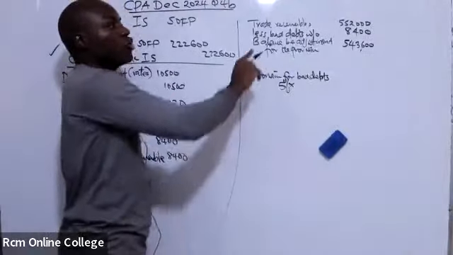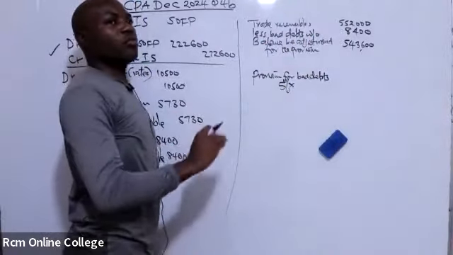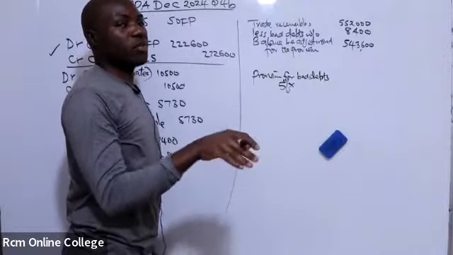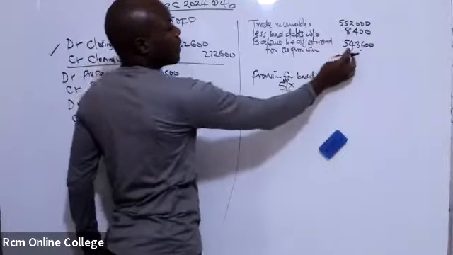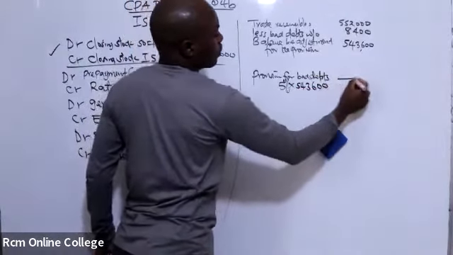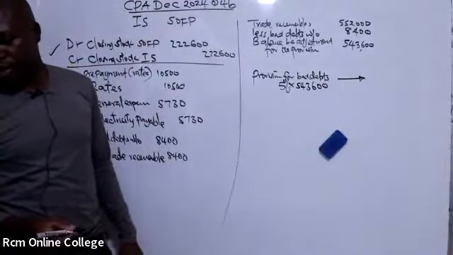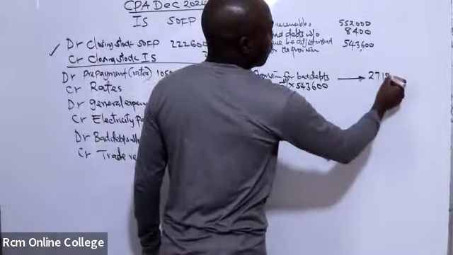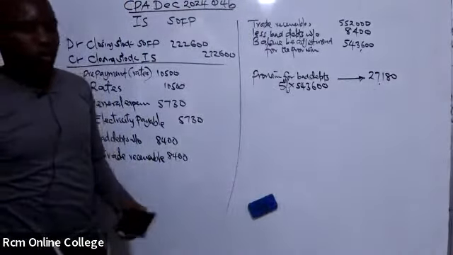Do we have bad debt that was not captured? We bring them all together to this figure. So we have 5% of the adjusted amount, 543,600. What are you getting? 5% of that is 27,180. Perfect.